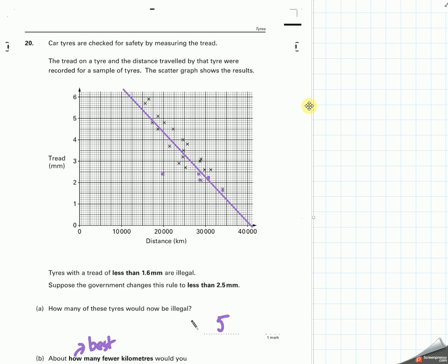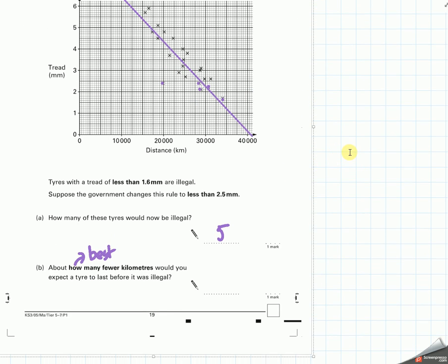The first figure I need is with the current value. So for 1.6 millimetres, what distance does it do? 1.6 is just one place above there. Read down, that's 30. What are the divisions on this?